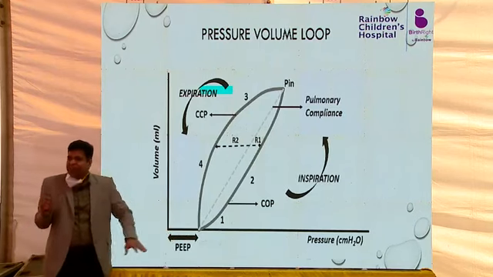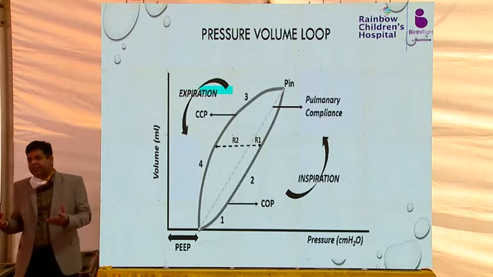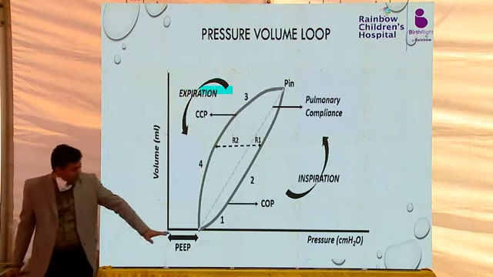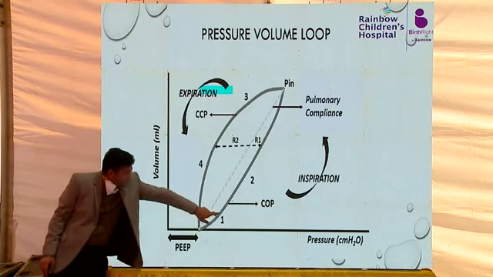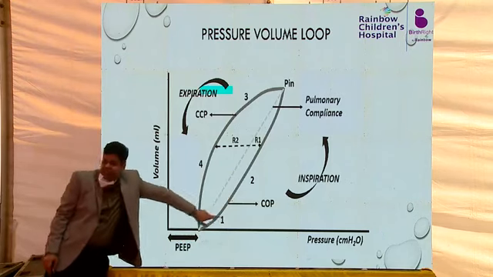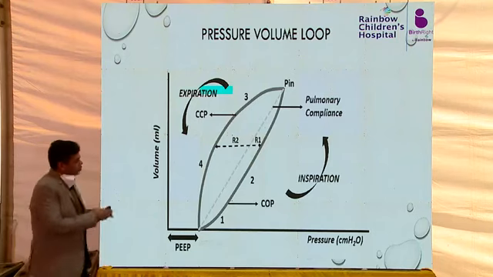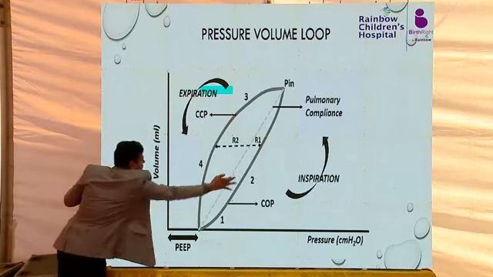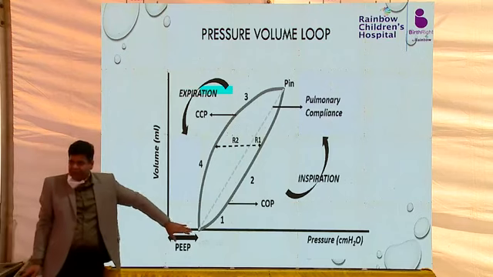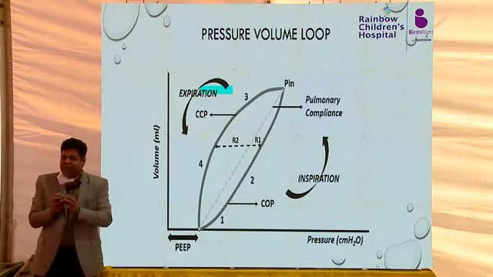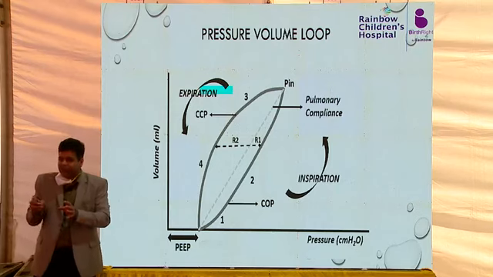It always starts from a pressure, the PEEP, which is always there. Suppose you have set a PEEP of 5 or 6, the inspiration will start from the PEEP, right? Then in the alveoli, the pressure is going to deliver the tidal volume. So pressure is building up. There will be a point.